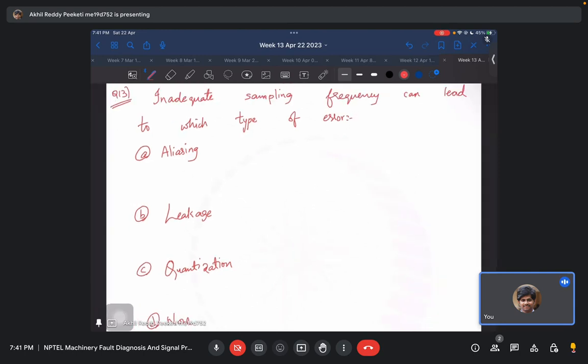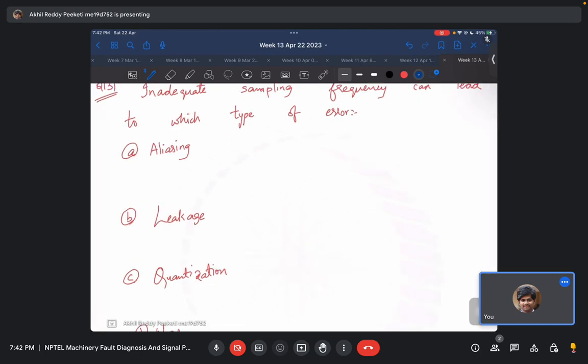Inadequate sampling frequencies can lead to which type of error? Aliasing, leakage, quantization, or none of these three? What will happen when the sampling frequency is lower than what it should be? When you have a very low sampling frequency, a high frequency signal will look like a low frequency signal.